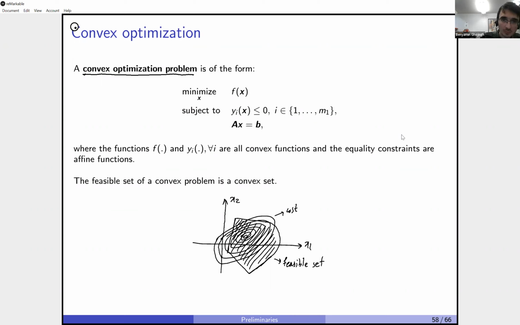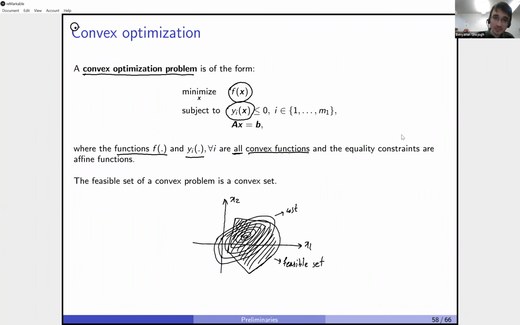Whenever we have an optimization problem where the functions f and g, so the objective function and the functions of the inequalities, are all convex functions. We already introduced convex functions.